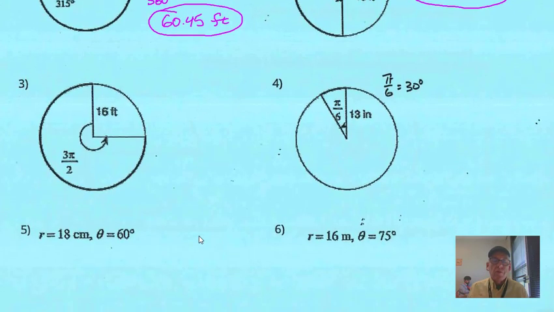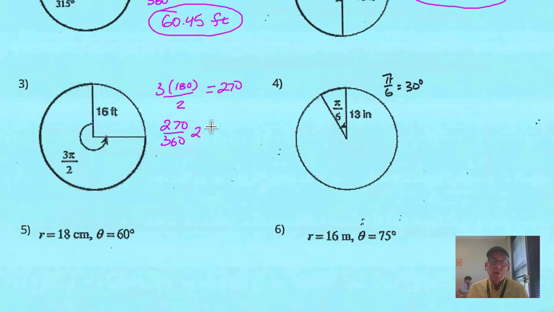Let's look at number 3. They're giving us 3 pi over 2. Now, we haven't done radians, but we can use pi as a substitute for 180 when we're doing radian measure. So 2 goes into 180 twice, 3 times that's going to be 270. So 3 pi over 2 is the same thing as a 270 degree central angle. So we have 270 over 360 of the circle for the arc, and the radius is 16 feet.